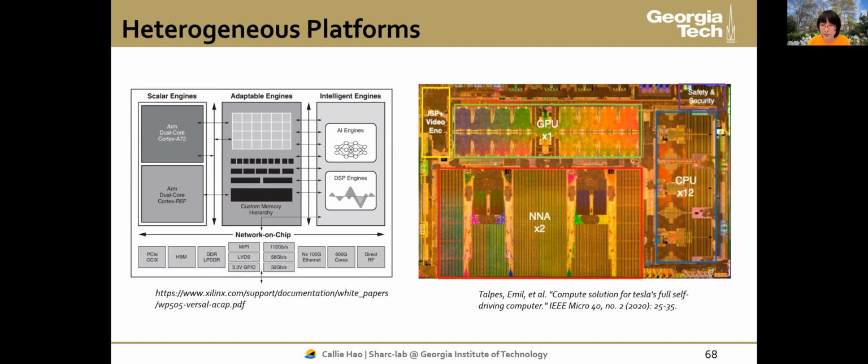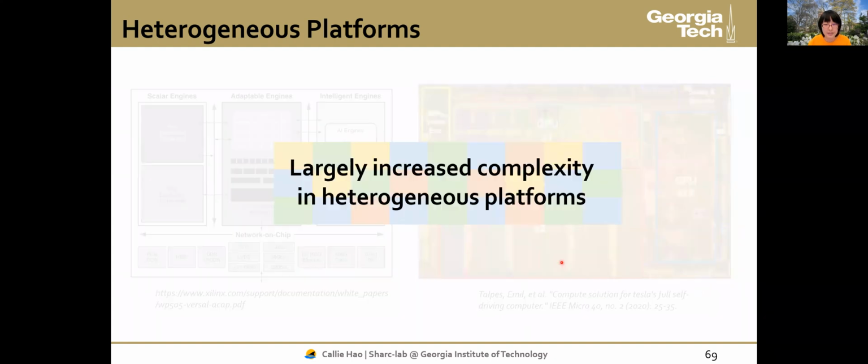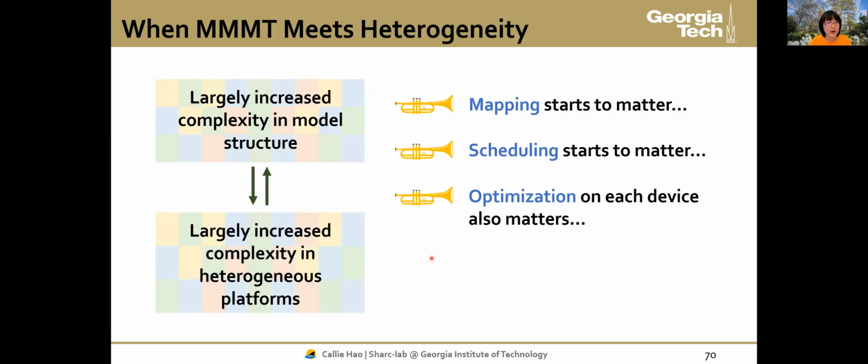They have one GPU here, a couple of neural network accelerators here, and 12 CPUs here. So this is also heterogeneous. Given these future devices and platforms, we're also seeing largely increased complexity in heterogeneous platforms. So when MMMT, multi-modal, multitask models, meets heterogeneity, things get much more complicated. We have largely increased complexity in model structure, and also in heterogeneous platforms.